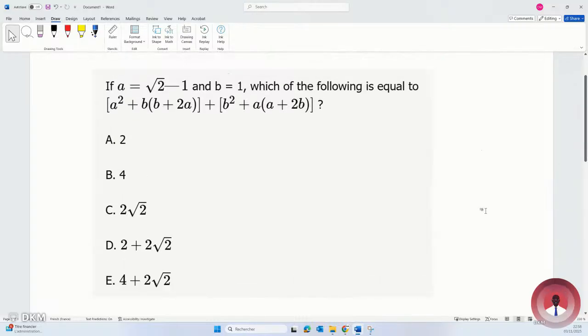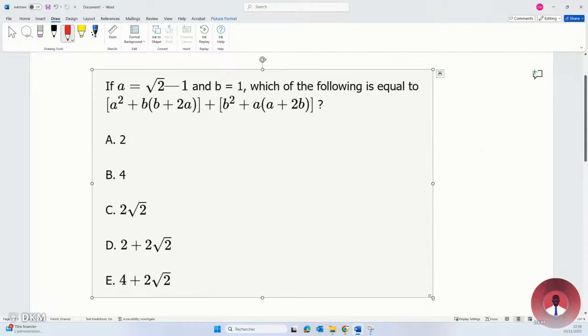Okay. So we have this here. If A is equal to square root of 2 minus 1 and B is equal to 1, which of the following is equal to this equation that we have here?